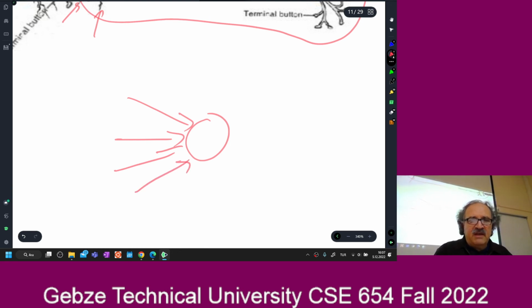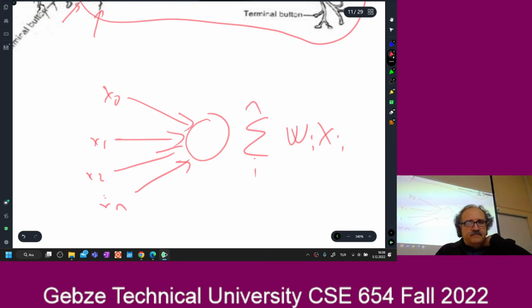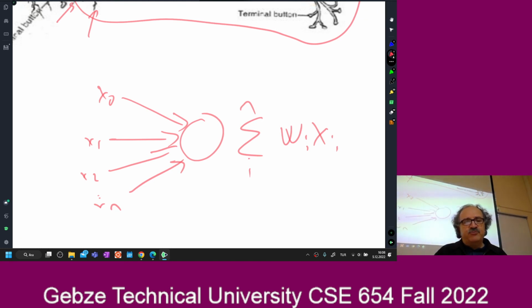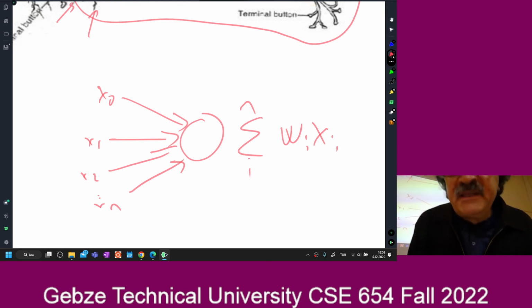This one will take each input and multiply each input with a W. This is x0, x1, x2, xn, from 1 to n. This is i. So I am multiplying each input with a W, and the addition will be outputted as my result. That's what I did, right?